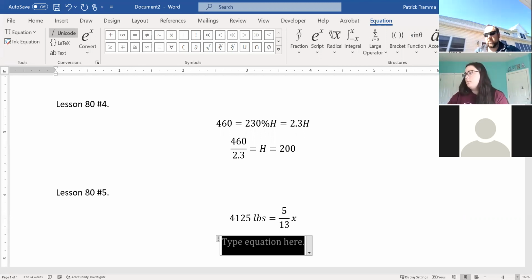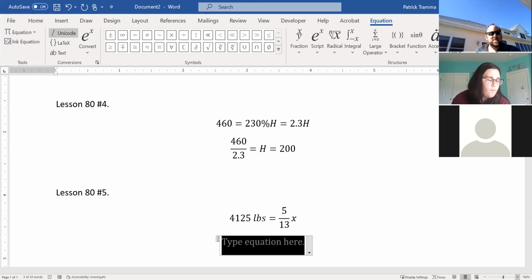Yeah, it is an equation. You can make 4125 into a fraction, but how do we get the x by itself?